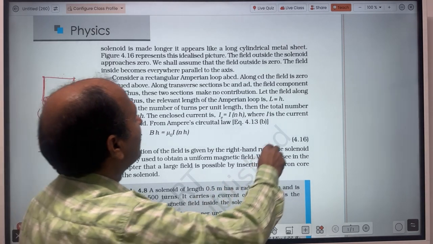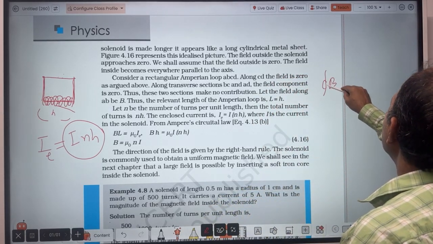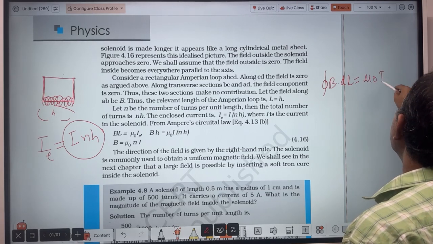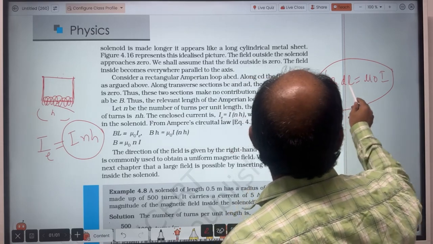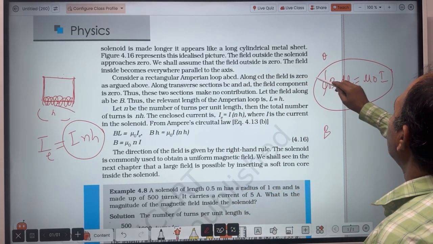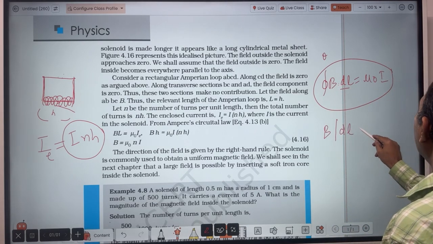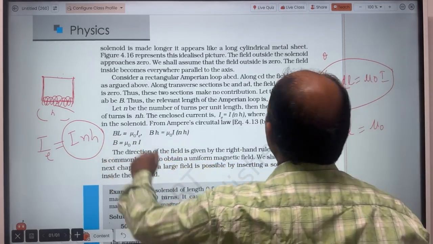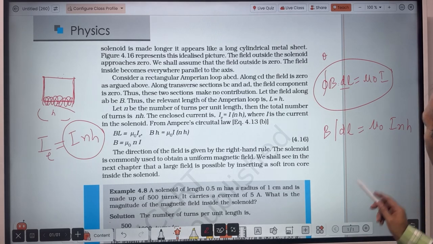And then what is Ampere's circuital law? The closed integral of B dot dl is equal to mu naught times I, right? So here, you can keep B outside, theta will be 0 degrees, so cos theta will be 1. So B times the integral of dl is equal to mu naught times I. I is Inh, right?